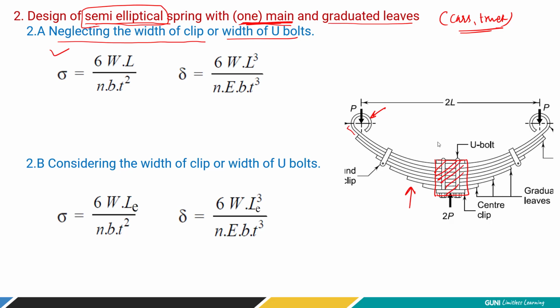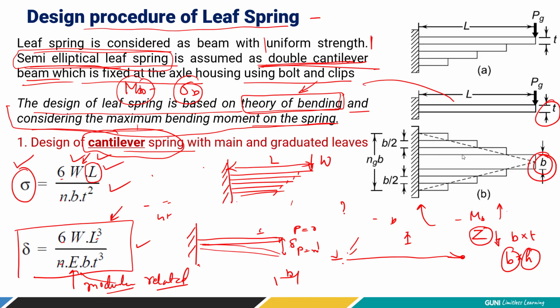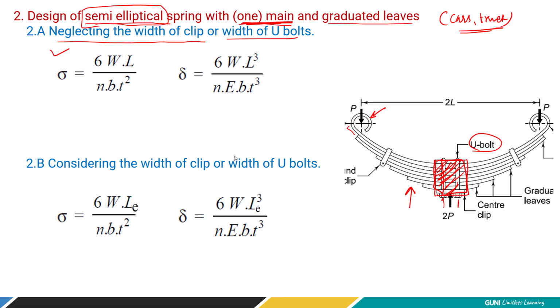If you are fixing the leaf spring on an axle by using a U-bolt, what will happen? Because you are applying the clamping force, this much length, as shown in the figure, is not able to deflect. So it works as a fixed end, or a solid part. So that much length we have to subtract from the calculations, right?